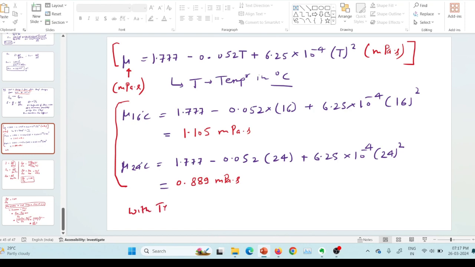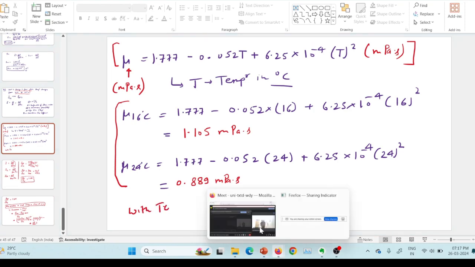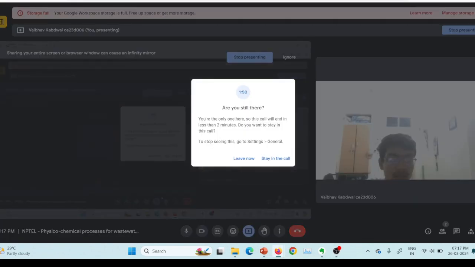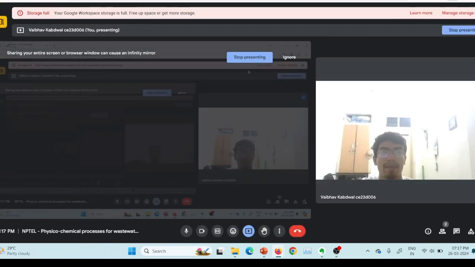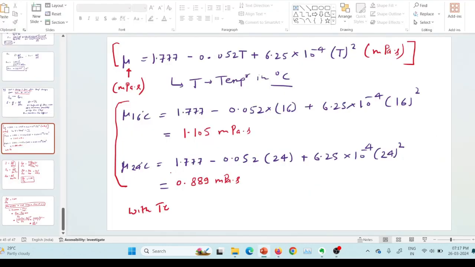With the temperature, fluid viscosity is decreasing, as you can see.